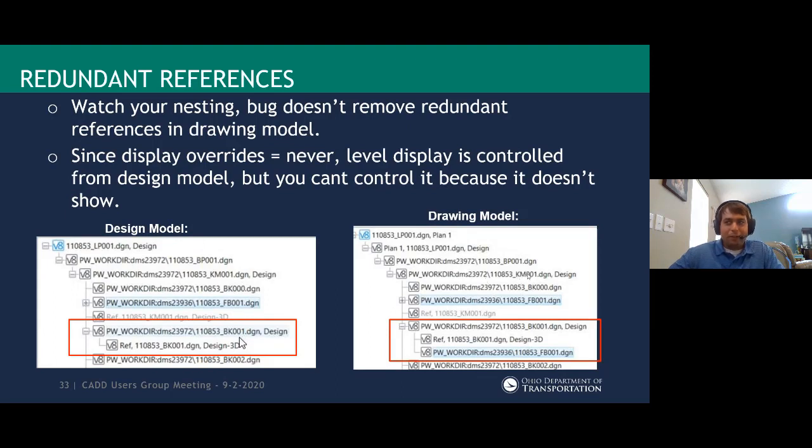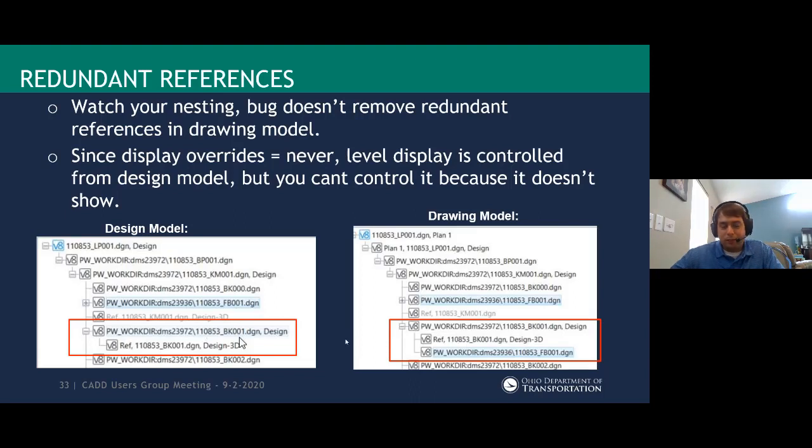So since our display override is set to never, the level display for this FB file is being controlled in the design model, but the design model knows not to show it, so there's no way to control it. So a lot of times people see these extra levels on, and they don't know how to turn it off because when they go to the design model, it's not there. So look out for that.